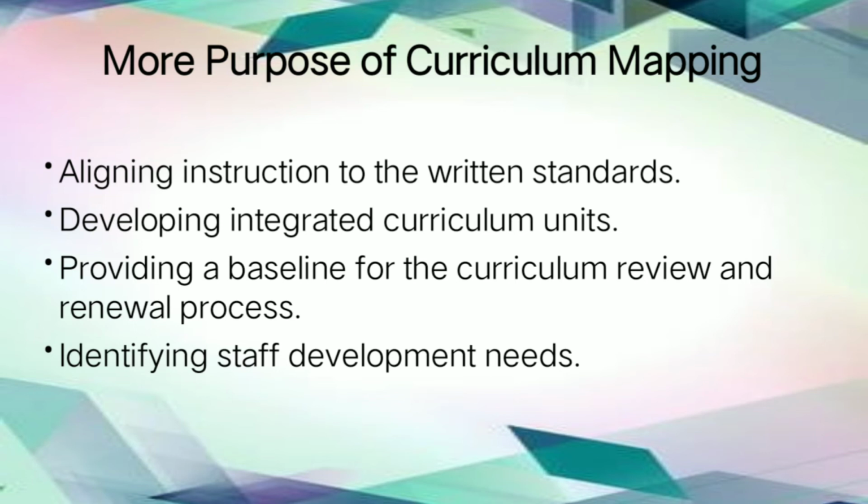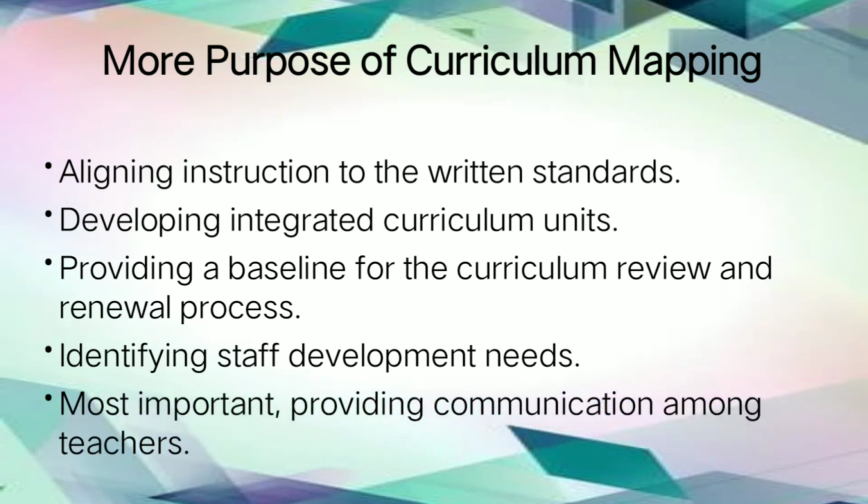And the next one is most important, providing communication among teachers. Yes, it is very important that communication leads to the best. Through collaboration, we can share the ideas and so on.